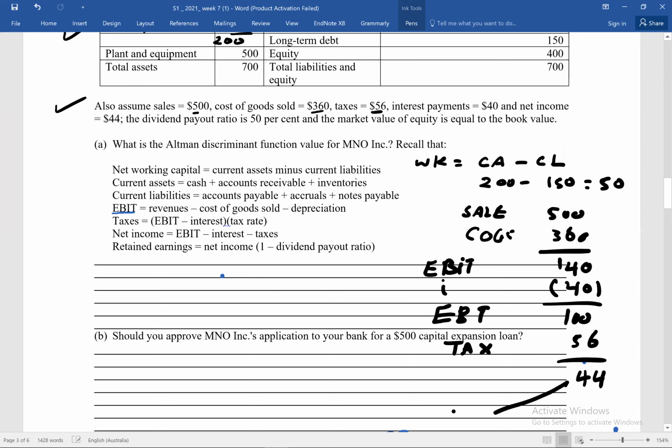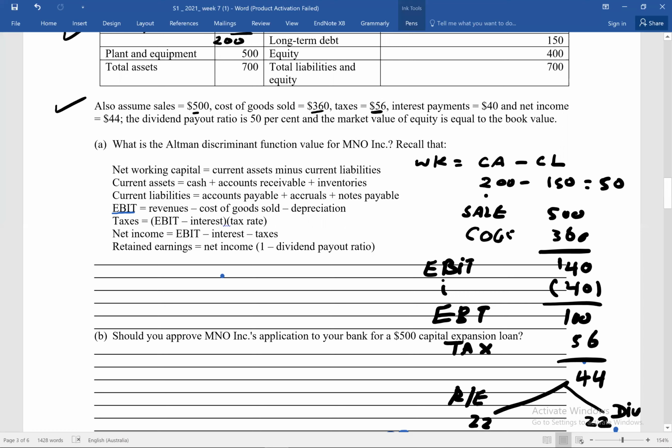This 44, according to the information, 50% will be paid as dividends. Net income 44, the dividend payout is 50%. So this is 22 retained earning, and 22 is actually dividends. Now I can calculate my things.